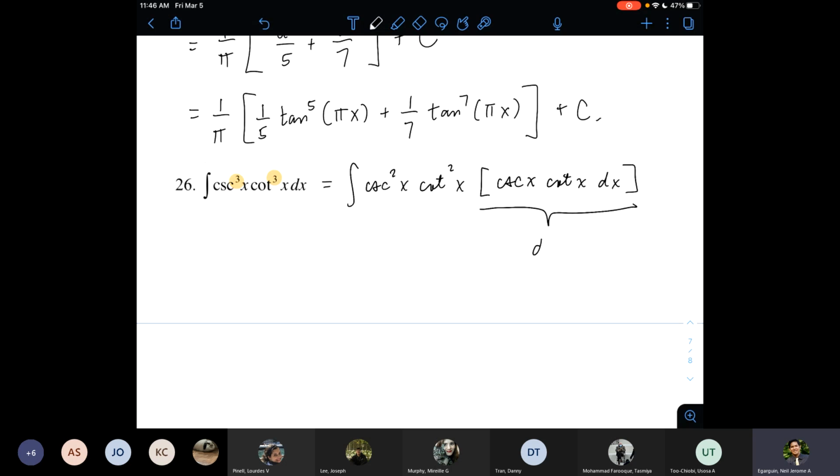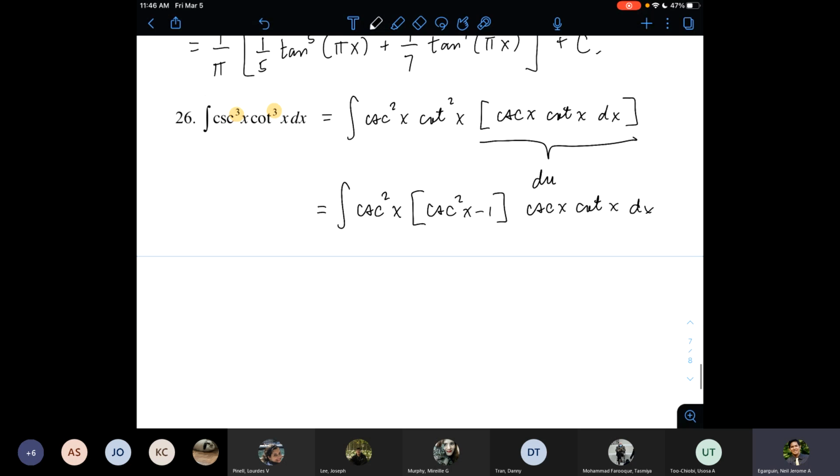So this is what I reserve for the du. And with that in mind, I am planning to let u be equal to cosecant x. So that means everything left should be expressed in terms of cosecant. But that's not the problem, because here I can have a cosecant squared x here. Cotangent squared is cosecant squared x minus 1. And then this would be still cosecant x, cotangent x dx.